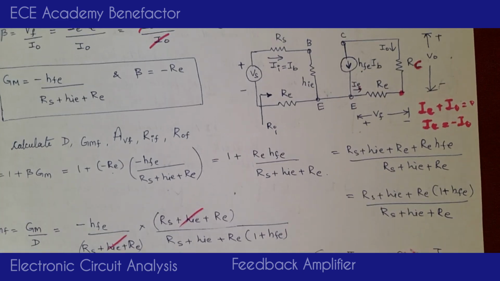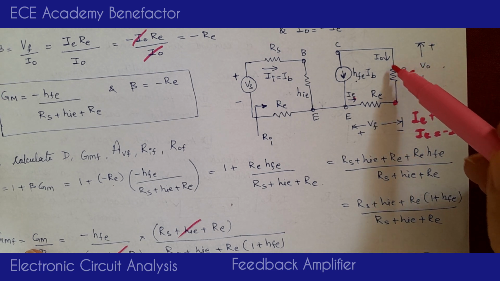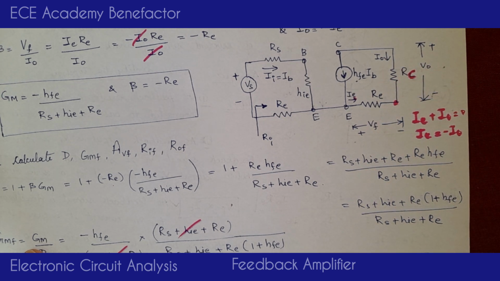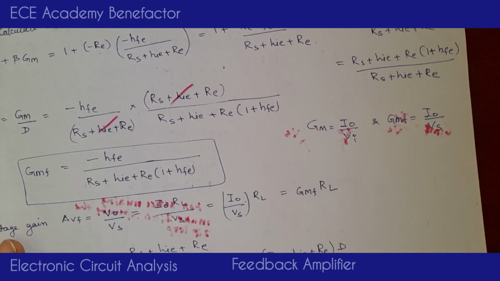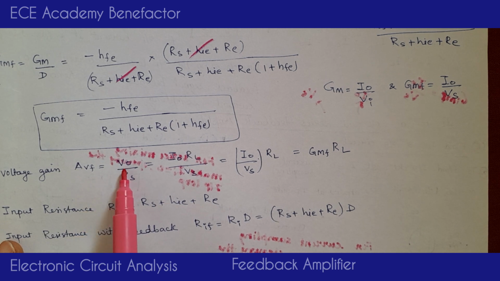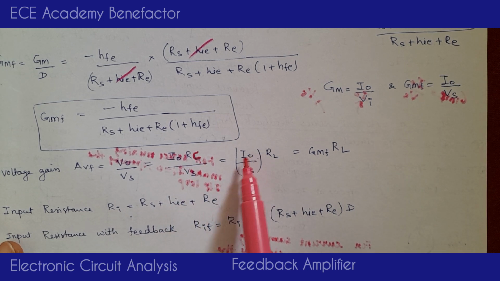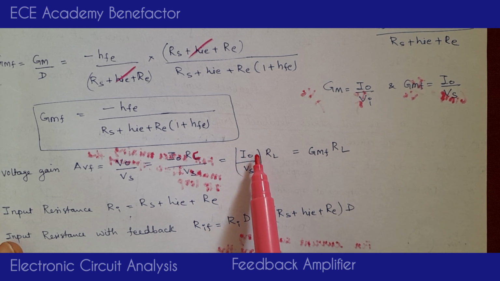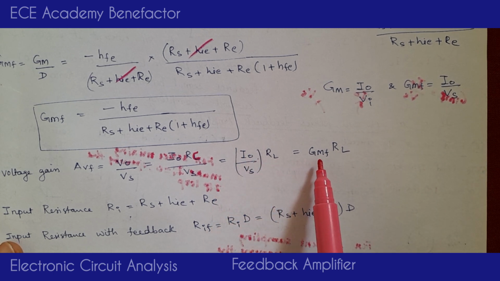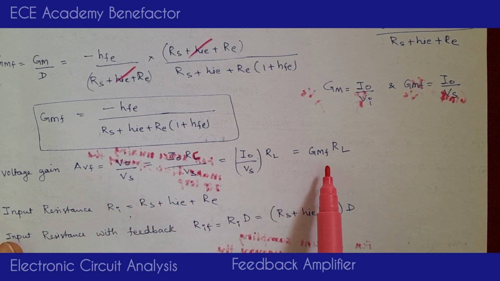So V0 here is coming to be as I naught times of RC. So AVF is equal to V naught by Vs, which is equal to I naught times of RC by Vs. So it will come as I naught by Vs. What is I naught by Vs? It is equal to GMF. So what is the voltage gain with feedback? AVF is coming to be as GMF times of RL.